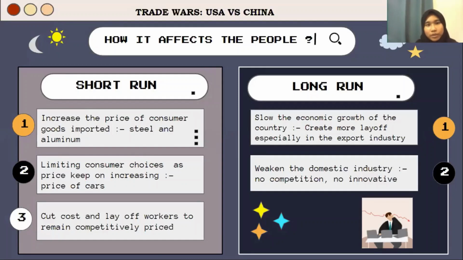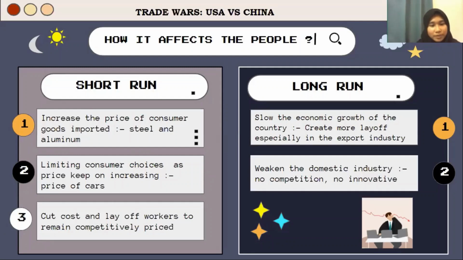For example, the price of cars from China increases, so they don't have many choices to pick the goods and services. And the third short run effect is when the price of imports become larger in the country, the firms have to cut costs and lay off workers to remain competitively priced.